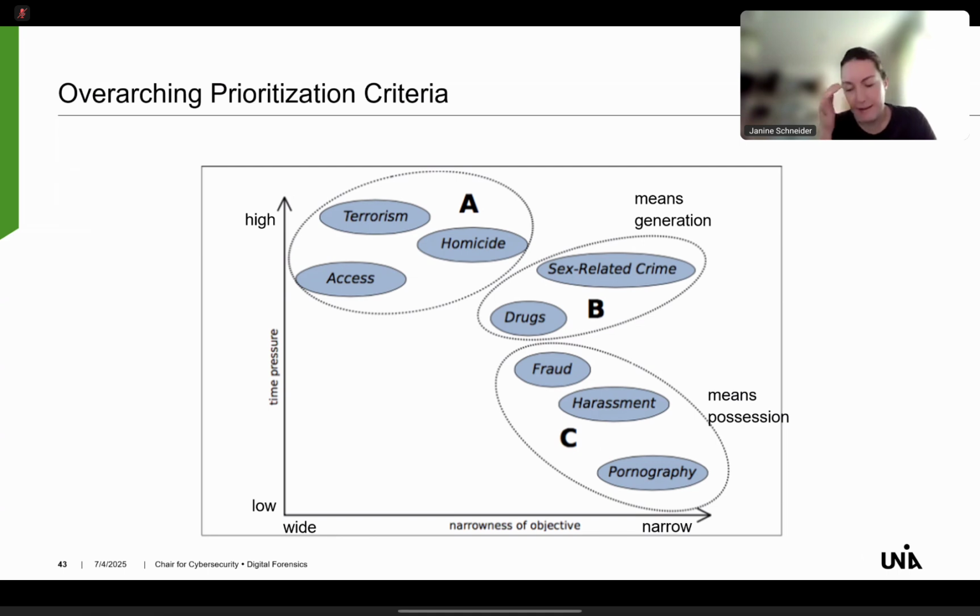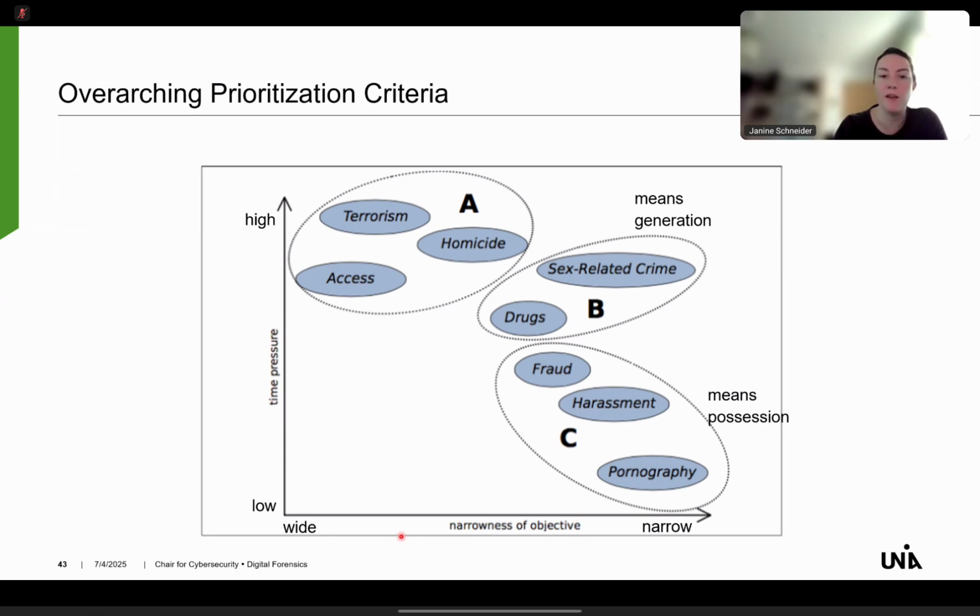So usually law enforcement authorities have a high time pressure. Or let me start again. So we have two axes here. So one is the time pressure, and one is the narrowness of objective.